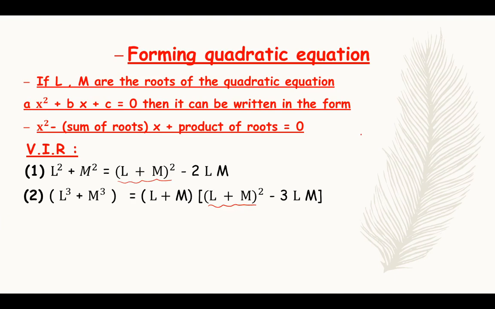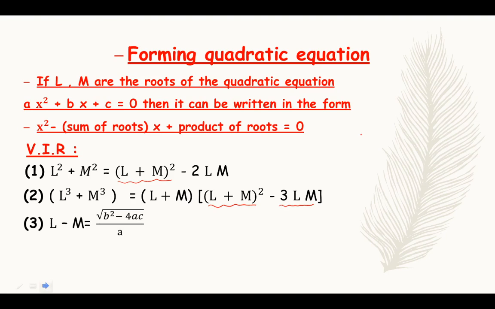In the first rule we have negative 2LM, but in the second rule we have negative 3LM. Okay? And of course this comes from factorization, the difference and sum of two cubes, sum of two cubes exactly.